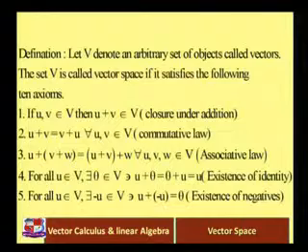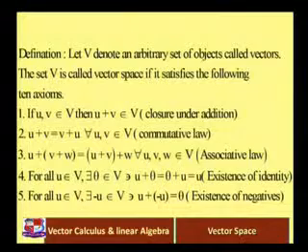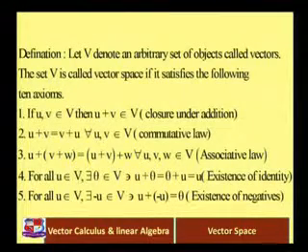The fifth one is, for all u belonging to V, there exists minus u belonging to V such that u plus minus u is equal to theta. That is called existence of negative, and it is also true for all u belonging to V.